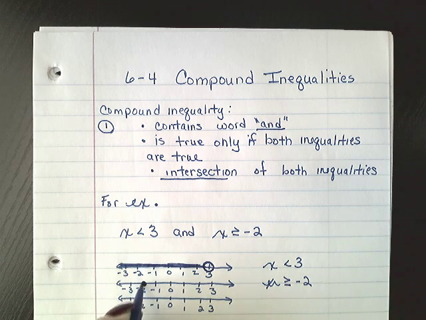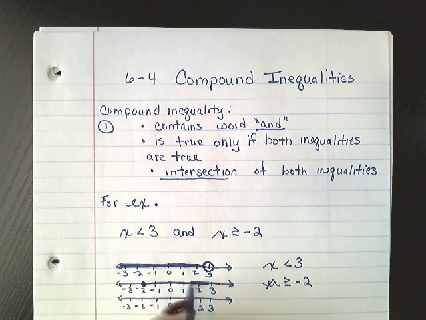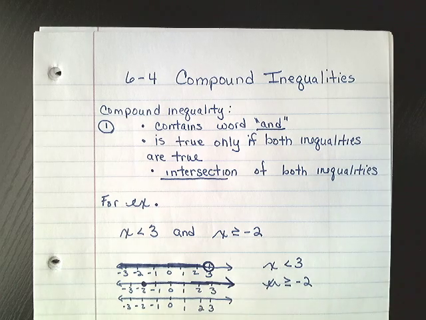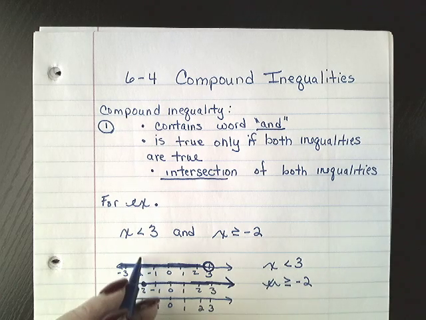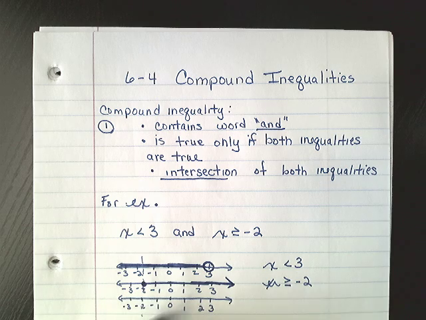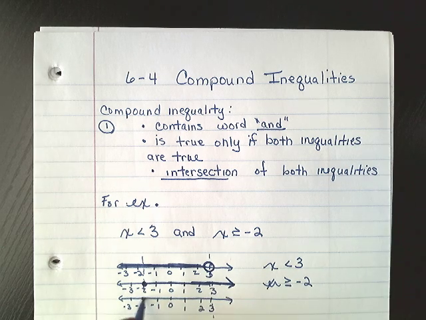Now this one's closed because it's greater than or equal to, so it's going to go here. Now that third graph is where we're going to combine the two, because and means intersection. What does it fall between? Negative 2 and 3. So this would be your intersection.